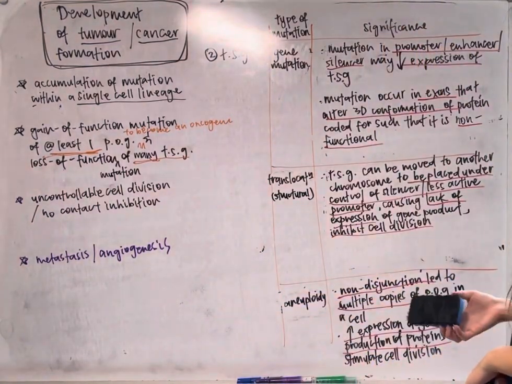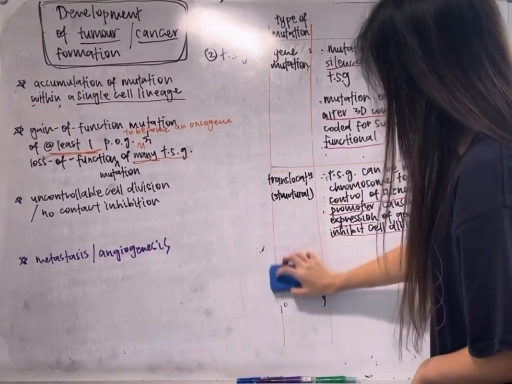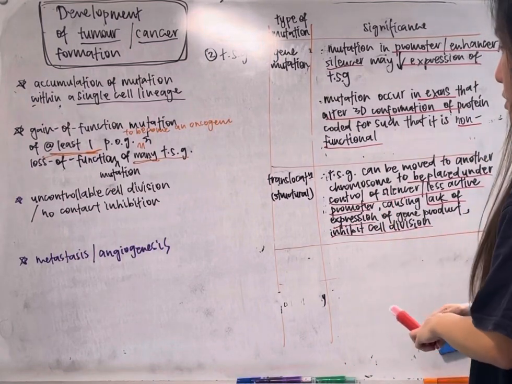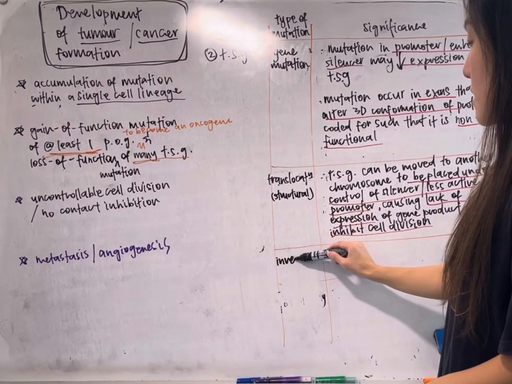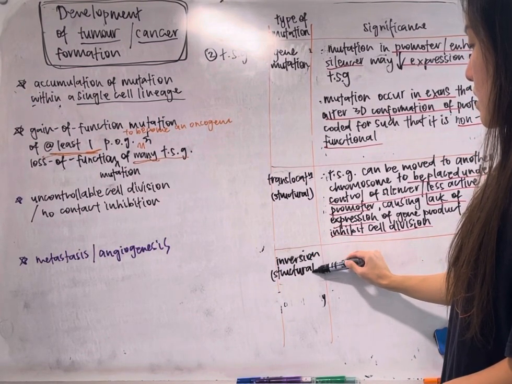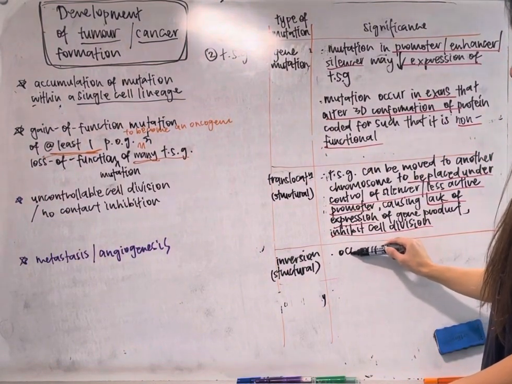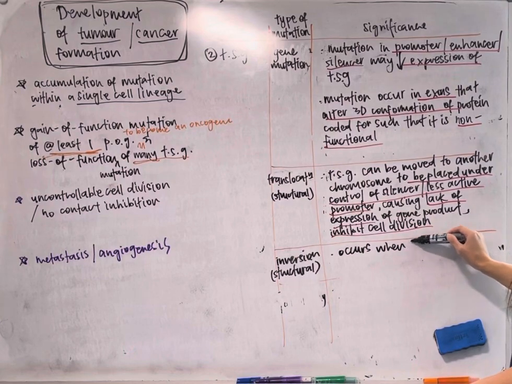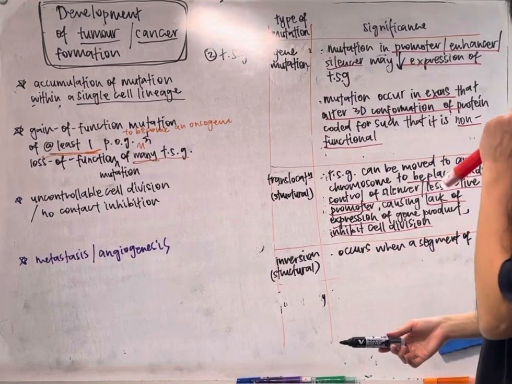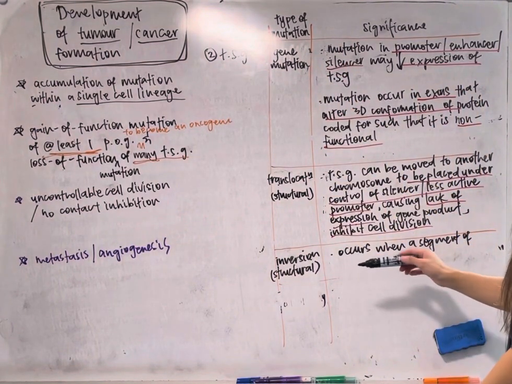Now we also can have, don't write antibody first, what else? Inversion. This time inversion is relevant. For inversion, your structural mutation, do take note, what does it occur? I'll just write down the reason first. It occurs when a segment of your chromosome is inverted or separated and then placed in a reverse manner.